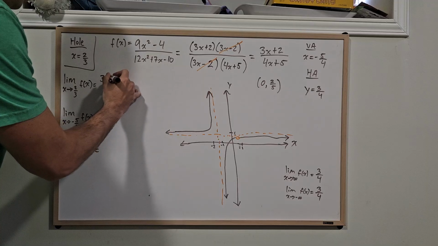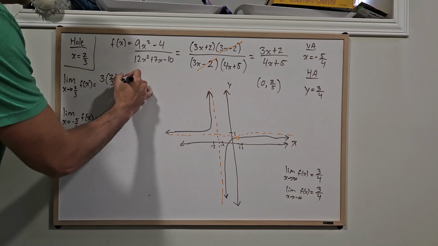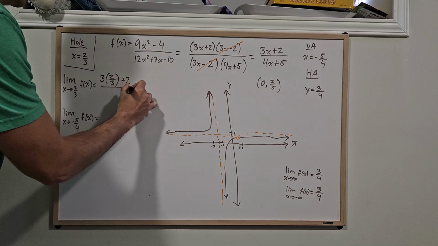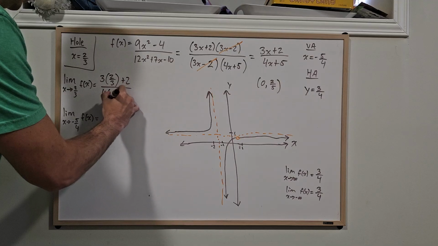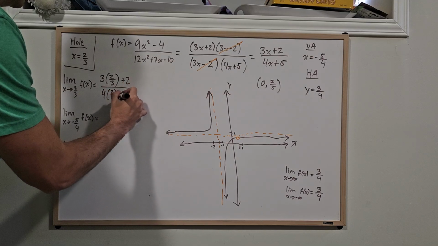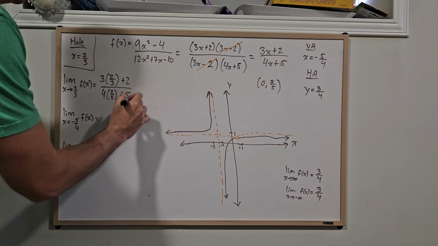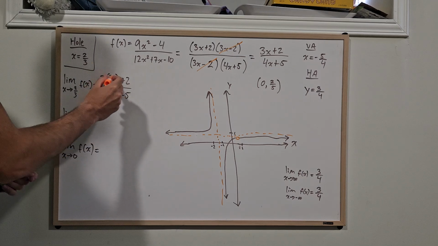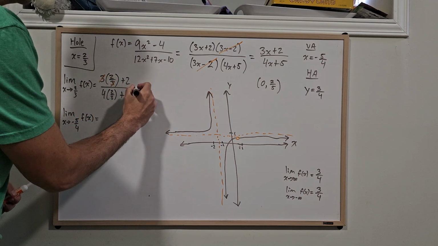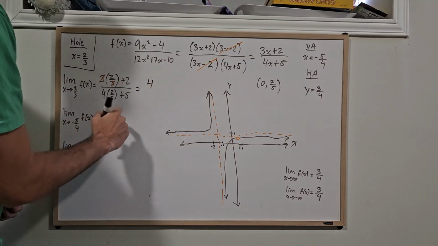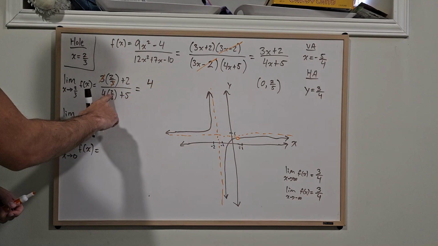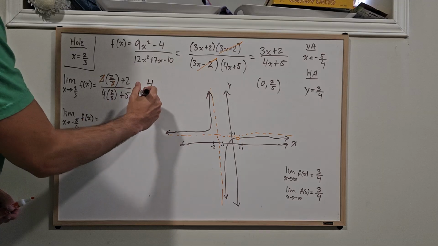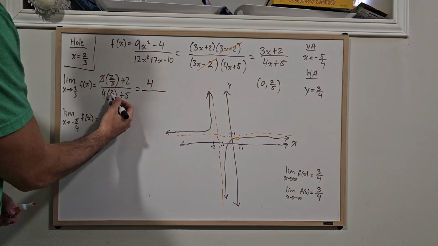So we're going to go ahead and do that. We're going to go 3 multiplied by 2 over 3 plus 2, and then on the bottom we have 4 multiplied by 2 over 3 plus 5. On the top, my 3's will cancel out, right? I just have 2 plus 2. That's just going to be 4. On the bottom, we have 4 times 2, which is 8 divided by 3, right? So we have 8 over 3 plus 5.